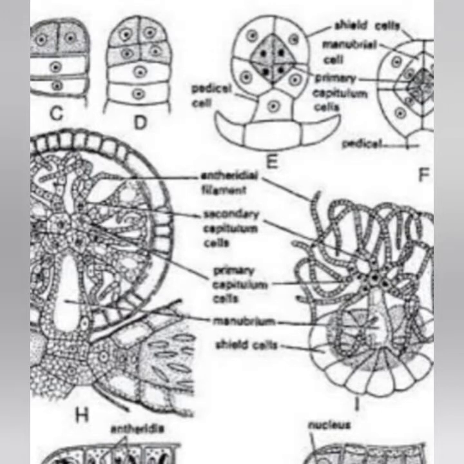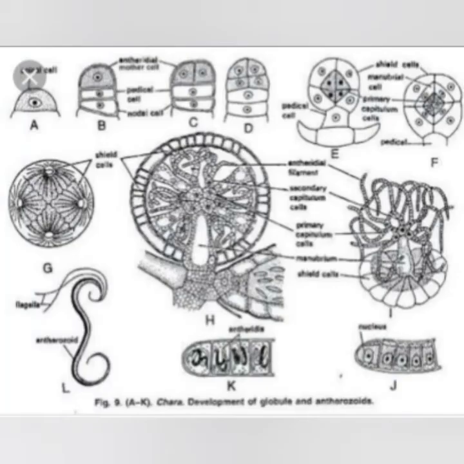Why octant? Octant means eight. Since eight cells are present now, this stage is referred to as the octant stage.